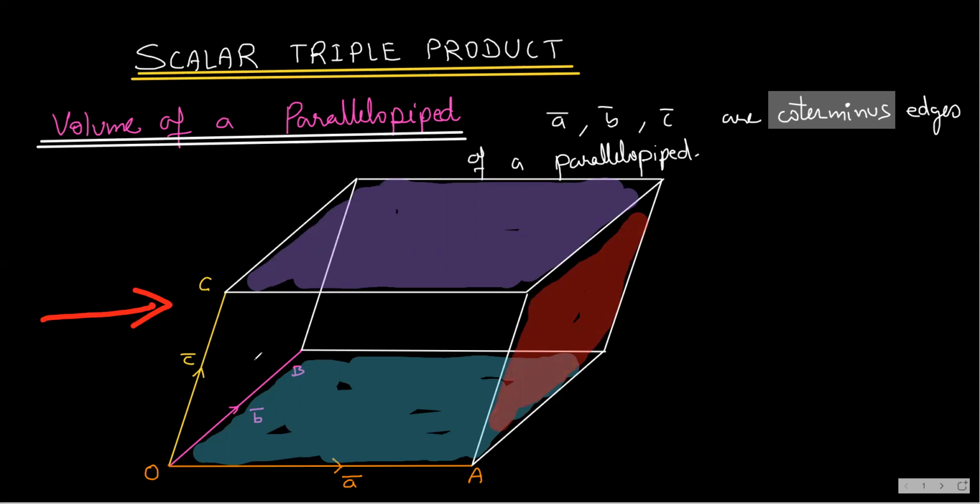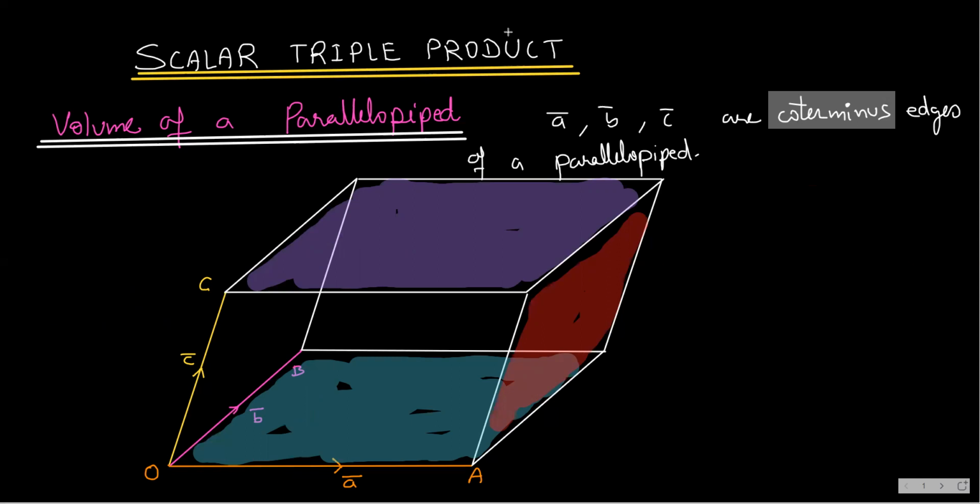Then this one is the front one. And then you have the last one that is from the back side. So a total of 6 faces are there in a parallelepiped, just like a cuboid and cube.